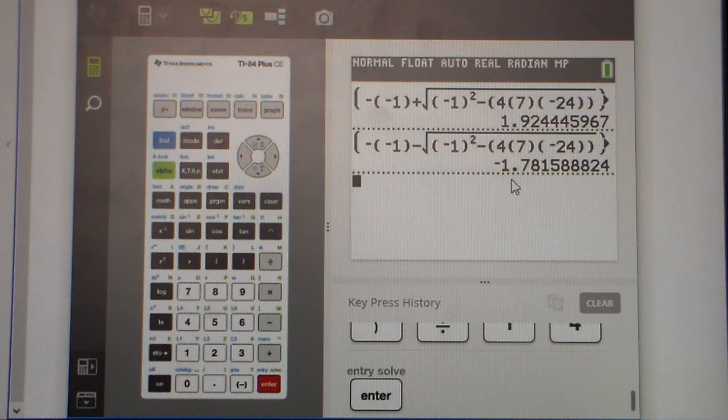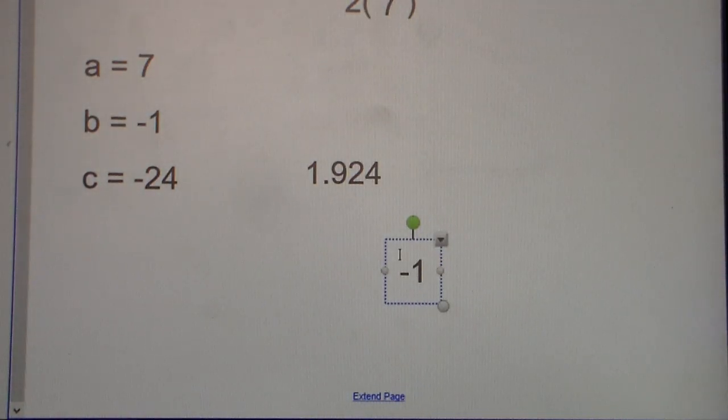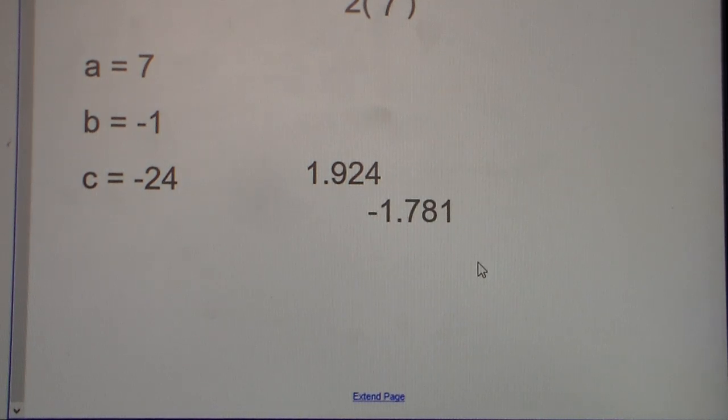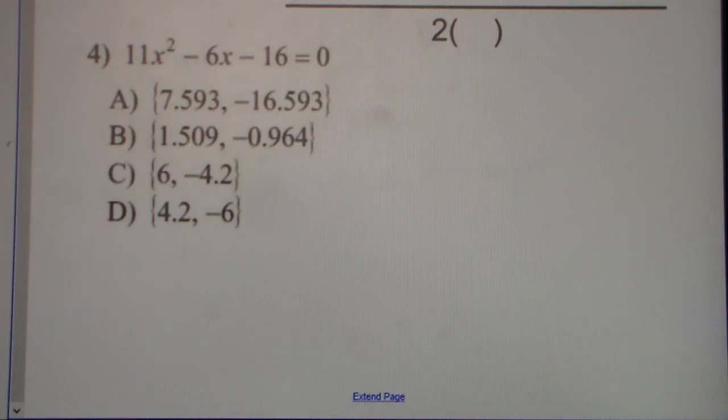And we get an answer of negative 1.781. And that's our second answer for problem number 3, negative 1.781. Let's do one more together and then we can move forward here.